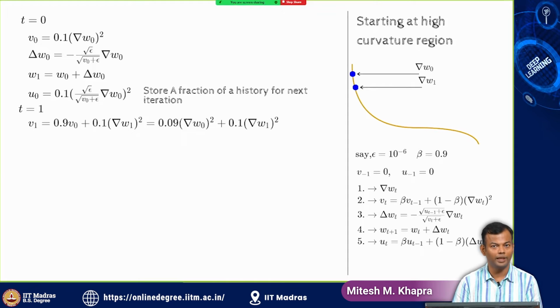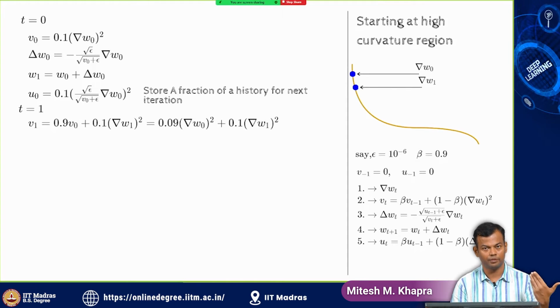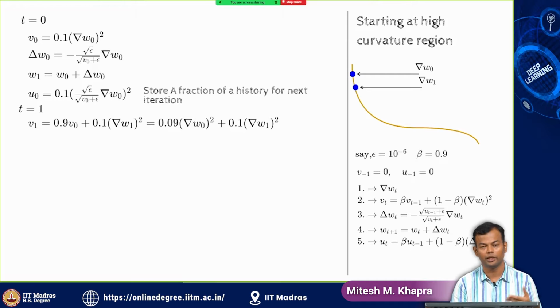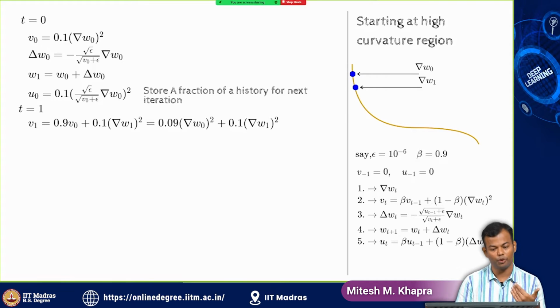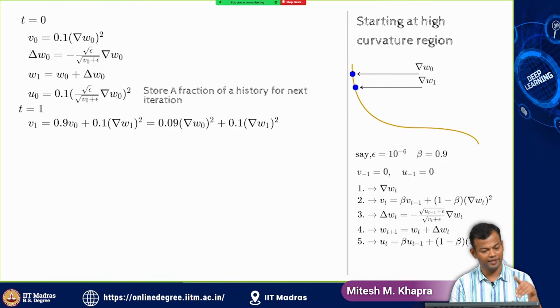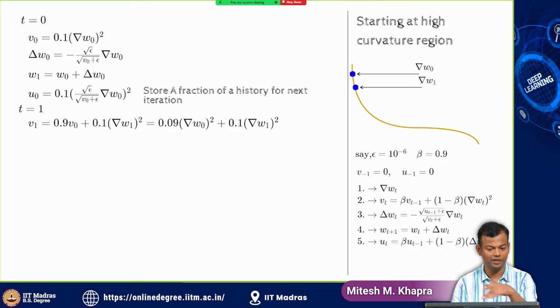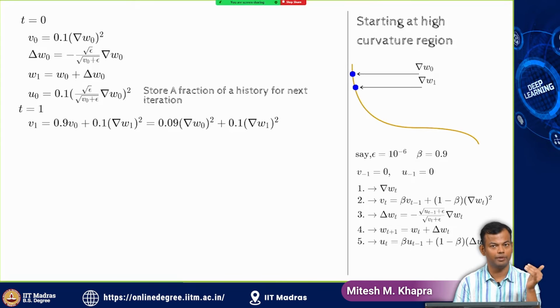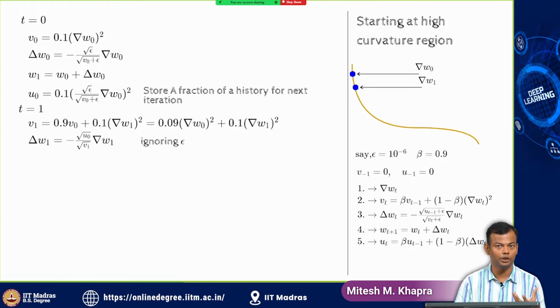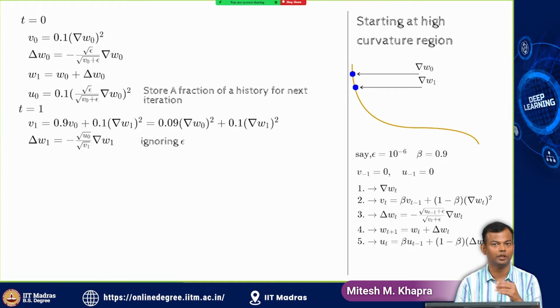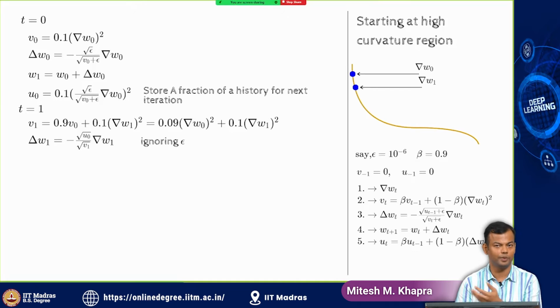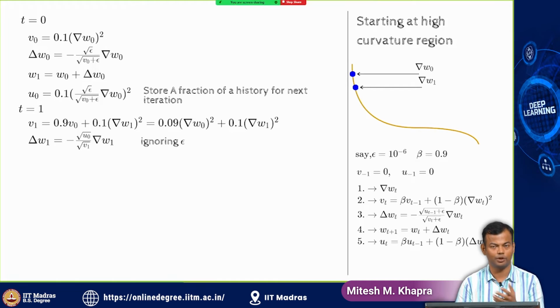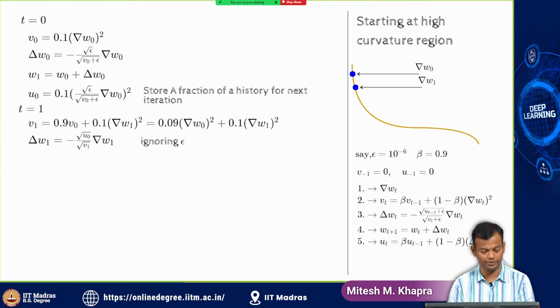Now at t equal to 1, again you will just apply this: v1 is equal to 0.9 into the previous history plus 0.1 into the current gradient, and if I substitute the value of the previous history, then I get the entire equation in terms of the nablas, so nabla W0 square and nabla W1 square, right? Now I again do the update, and now I am ignoring the epsilon because I have reached a state where I have non-zero U0s and epsilon is very small, so U0 plus epsilon is going to be very close to U0 anyways, right?